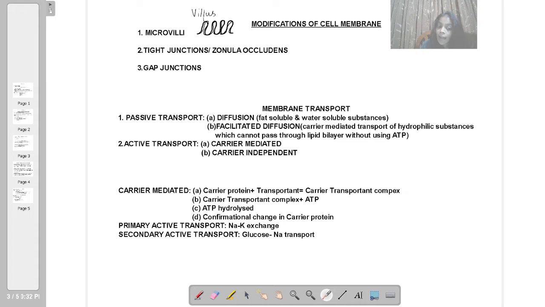Now if it is a carrier mediated process, how does the process take place? See, I have written in a simple equation manner. Carrier protein plus transportant equals carrier transportant complex, which means the carrier protein binds with the transportant, forms a complex. Let me show you one picture.